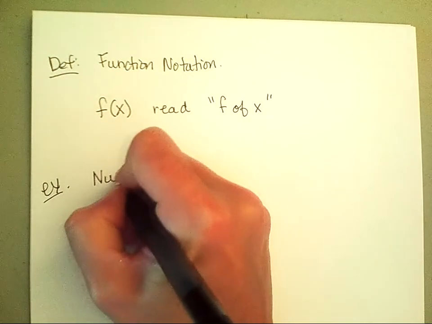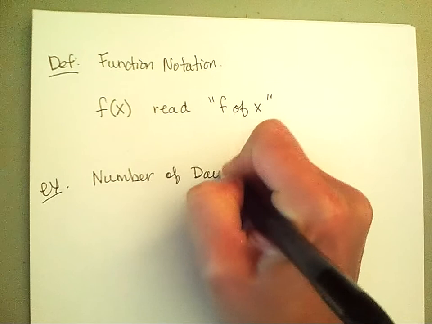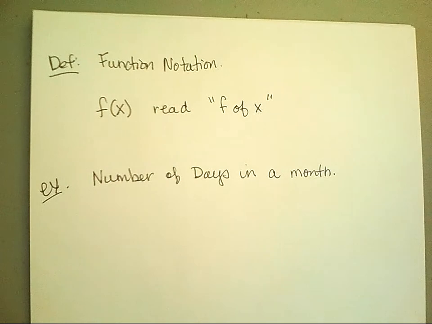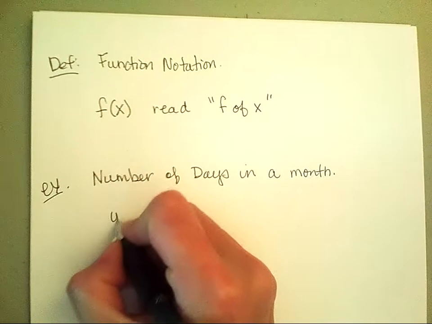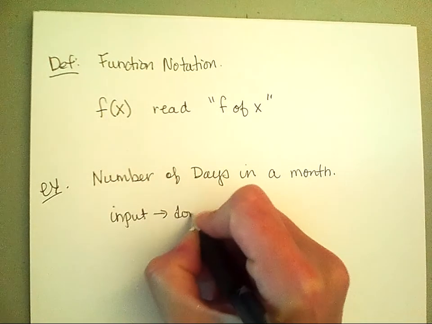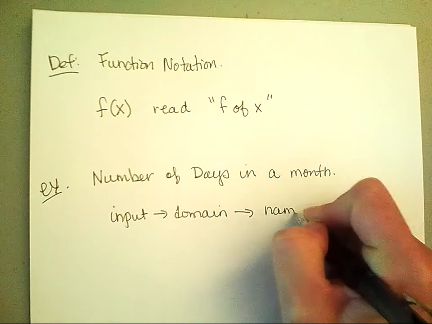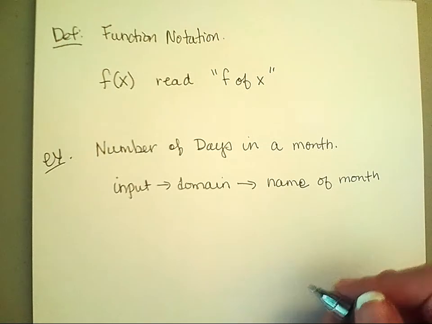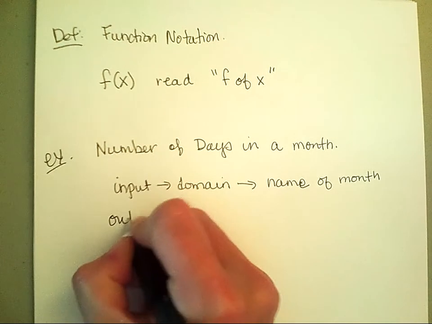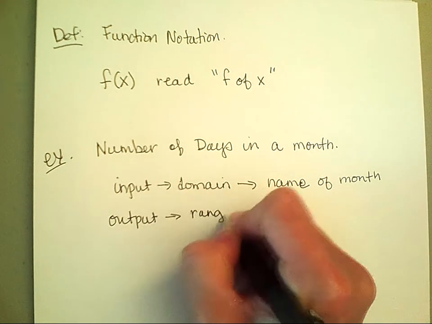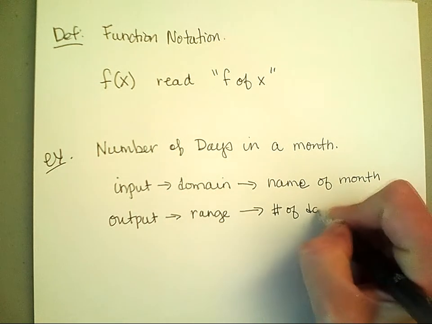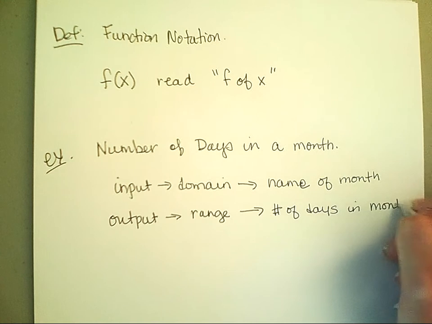So for example, if we have the number of days in a month, we could use function notation to represent the function whose input is the name of the month, and then what would come out would be our range values, and it is the number of days in that month.